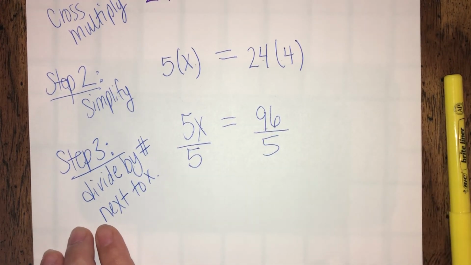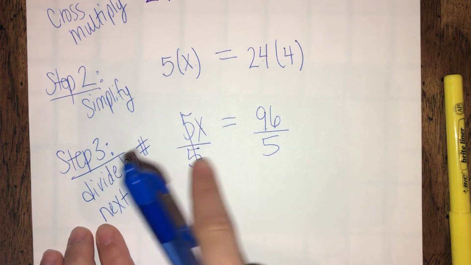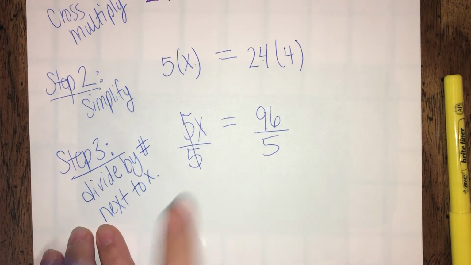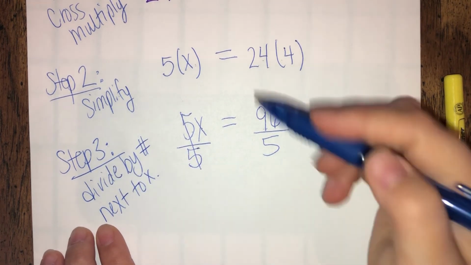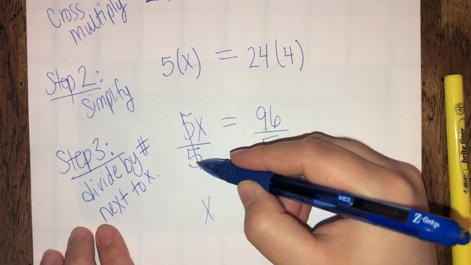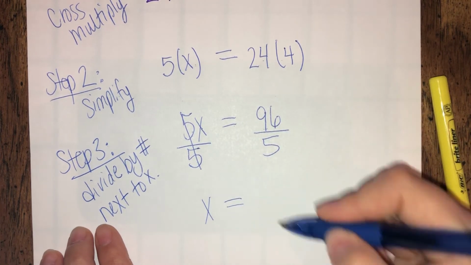And here's why. I want these to cross off. But if I divide it by 5 here, you must do the same thing on the other side because we're trying to remain equal. We don't want to throw off the balance. So this x comes down because 5 divided by 5 is 1. You don't have to write that. Carry down your equal sign.